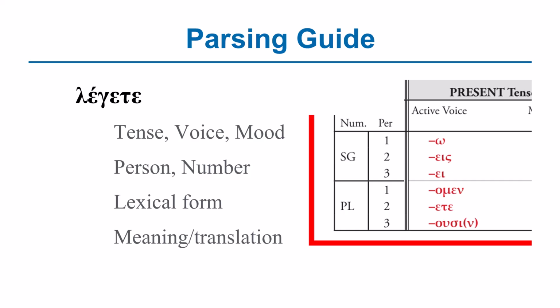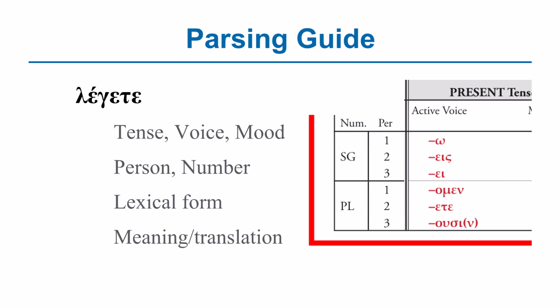And that is how you parse any given verb, by following the 4 steps. Step number 1, identify the part of speech. Is it a noun, a verb, or a pronoun? That question can only be answered by looking at the verb ending. Step number 2, use the ending to gather the details that are needed. If it's a noun, you look at the gender, the case, or the number.